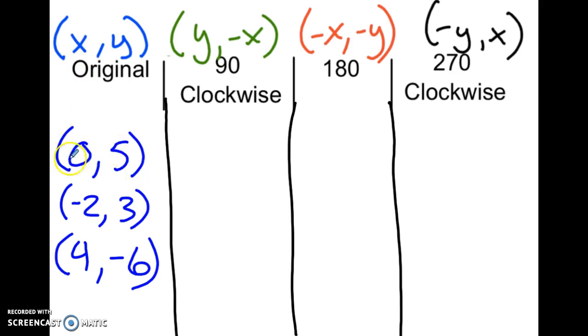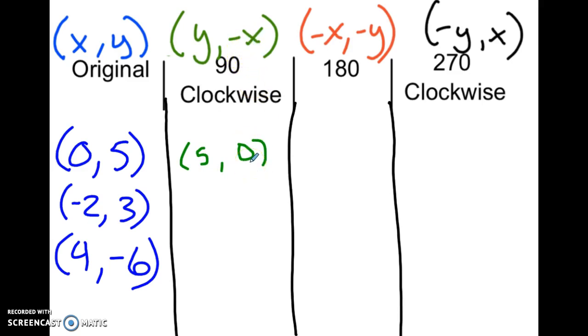Now, without even graphing, we're going to look at what this shape would be here. We've got a weird looking triangle, and I'm going to rotate this clockwise 180 degrees and 90 degrees clockwise and 270 degrees clockwise. So for the 90 degrees clockwise, I'm going to take the ordered pairs and switch the order. So instead of 0, 5, it's going to become 5, 0. And then my second piece is going to switch signs.